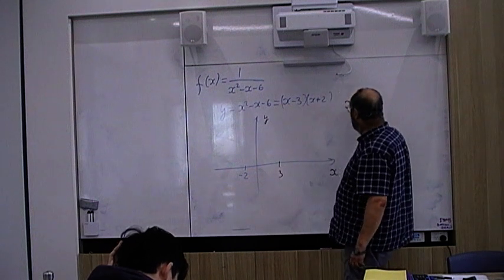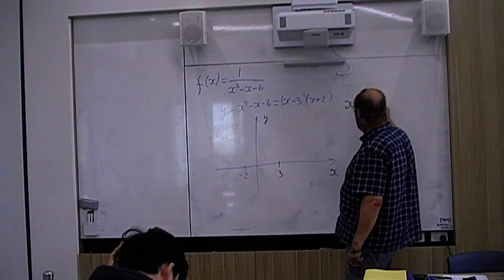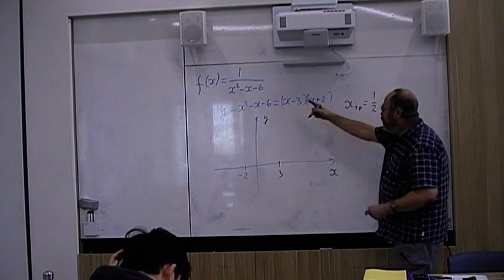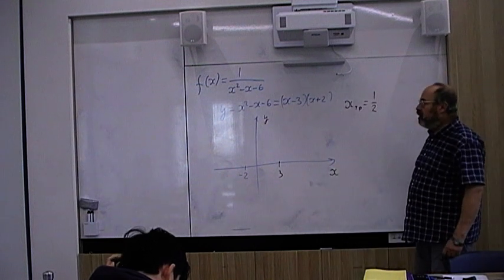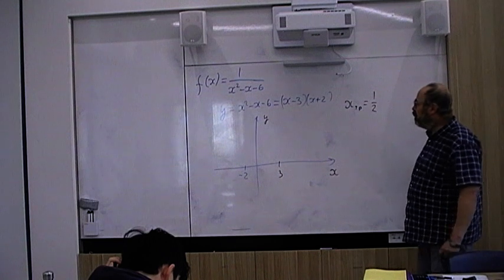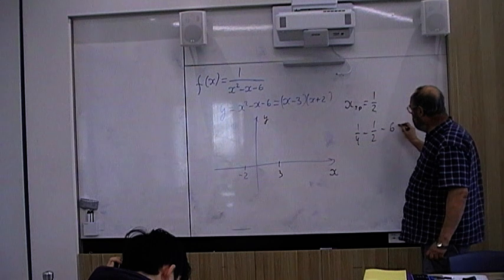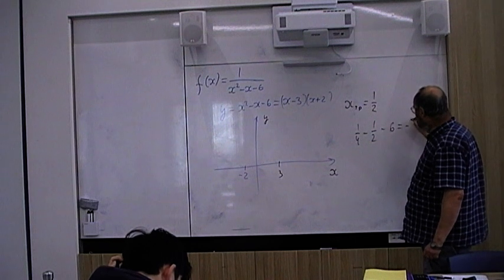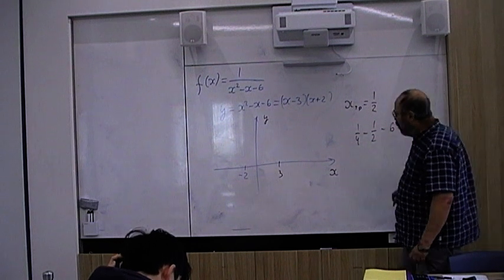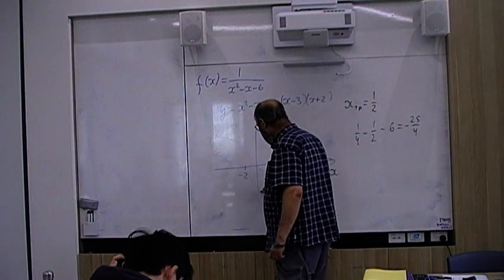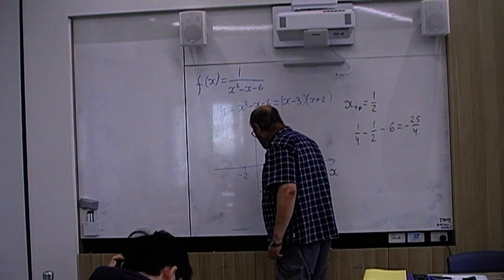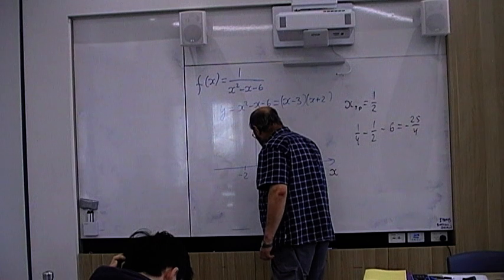So the x of the turning point is 1/2. We can sub it into the equation: 1/4 minus 1/2 minus 6 will be equal to negative 25 on 4. So we have 1/2, negative 25 on 4.